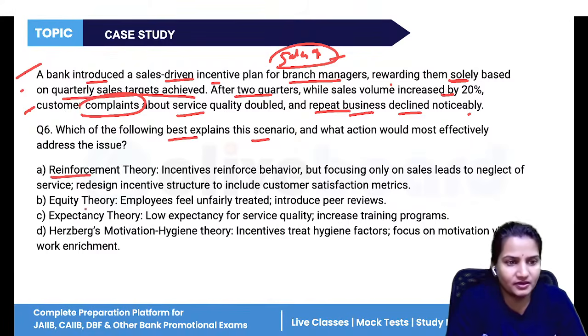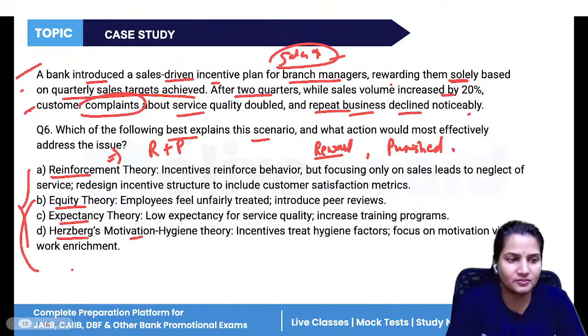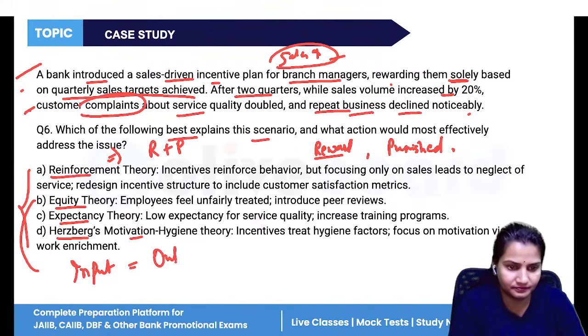Reinforcement theory, equity, expectancy, and Herzberg motivation. Now, what is reinforcement? It basically talks about reward and punishment. If the company has done a good job, then the company will provide rewards to the employees. If employees have done a bad job, then they will be punished. Now, equity theory talks about a perfect balance between input and output.